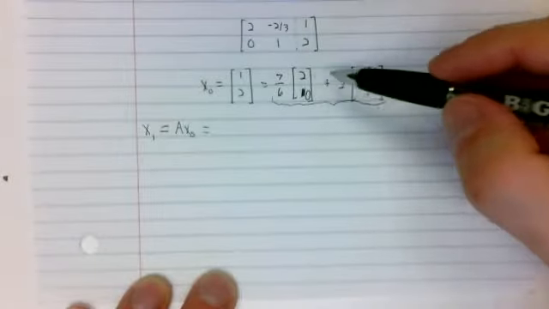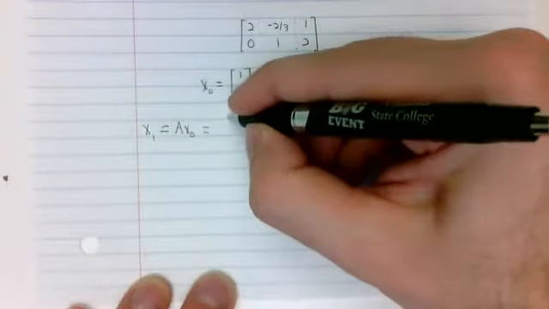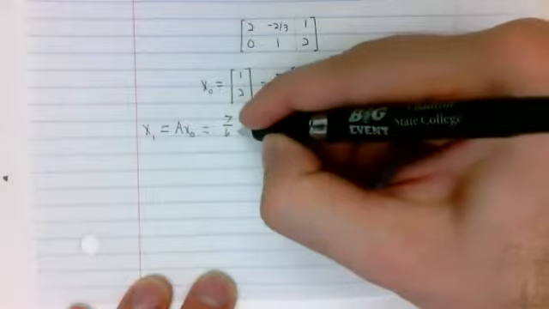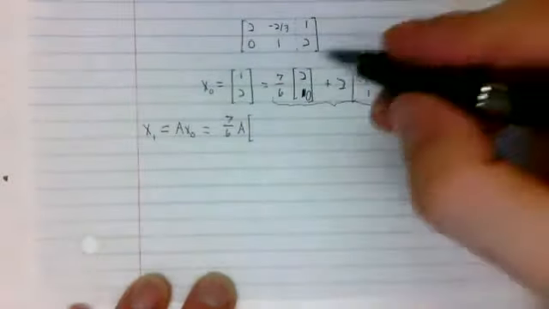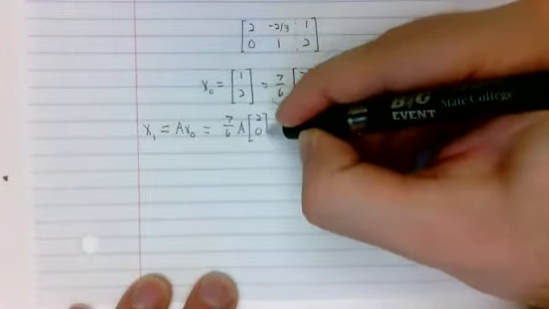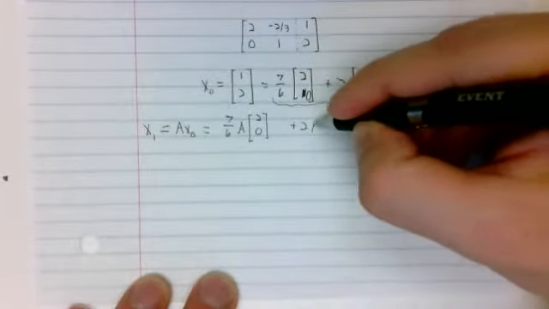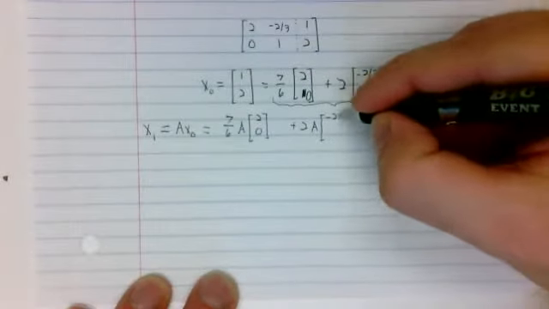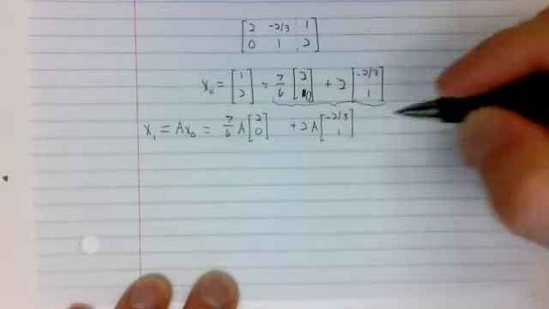So we're multiplying A by this sum. Distributing the multiplication and moving around our scalar multiplication, x sub 1 is this.